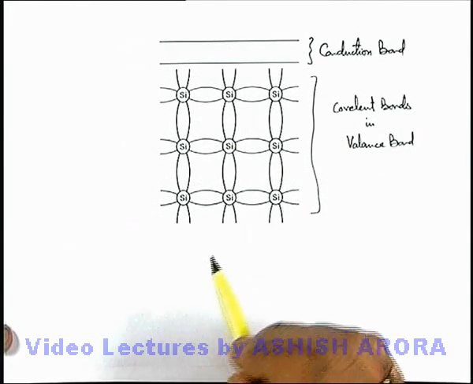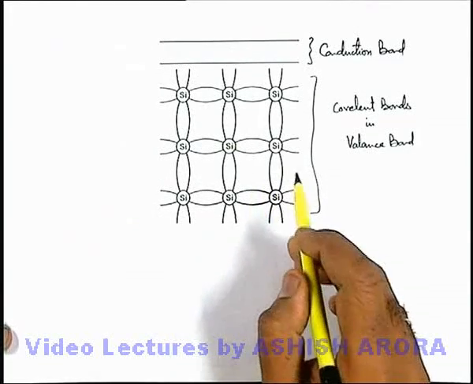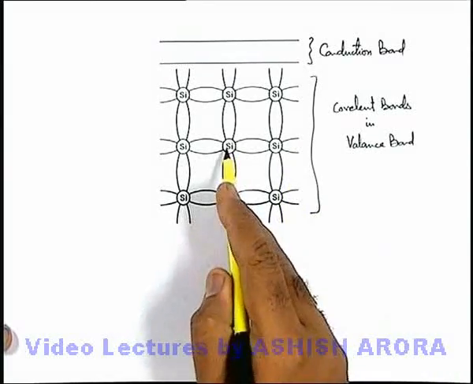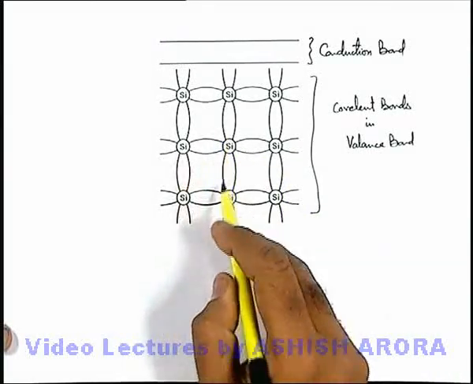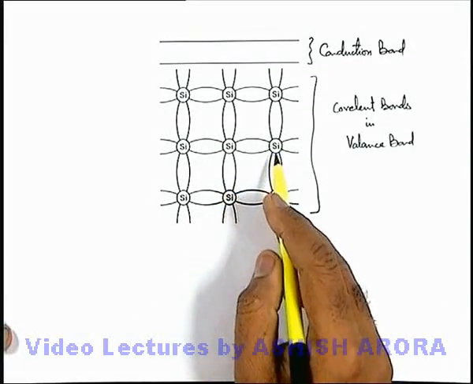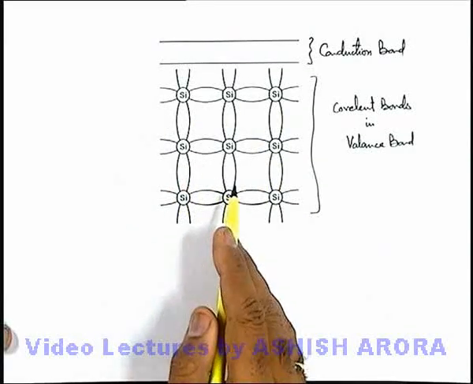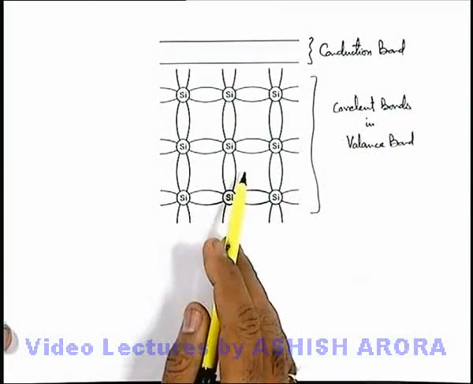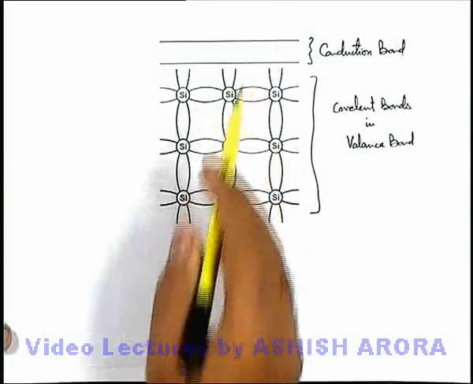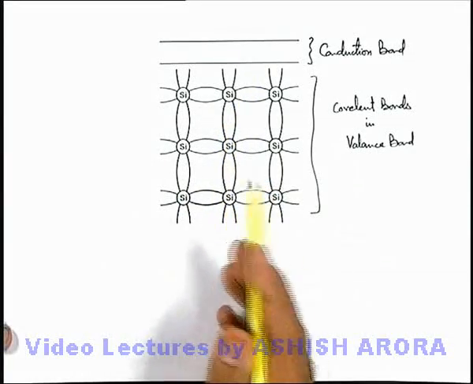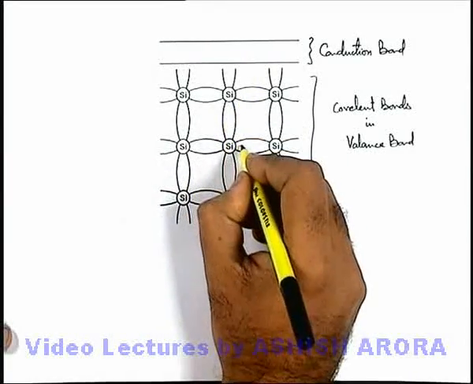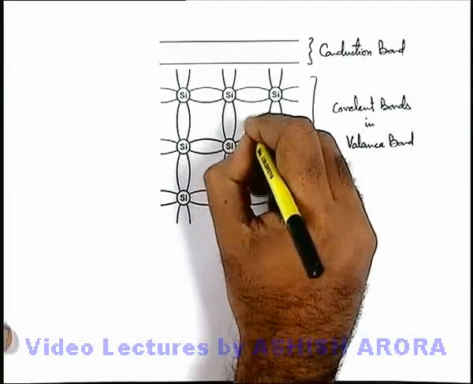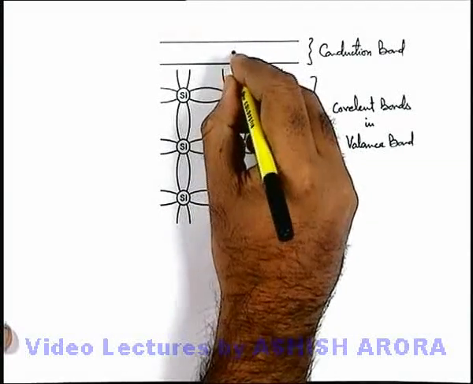Let us discuss the bond structure in valence band of a pure semiconductor. As we have discussed, each silicon atom forms 4 covalent bonds with the neighboring silicon atoms, and all these bonds are formed by valence electrons. All these covalent bonds exist in valence band, and there is a conduction band, and at room temperature, say an electron from a covalent bond is shifted to the conduction band.